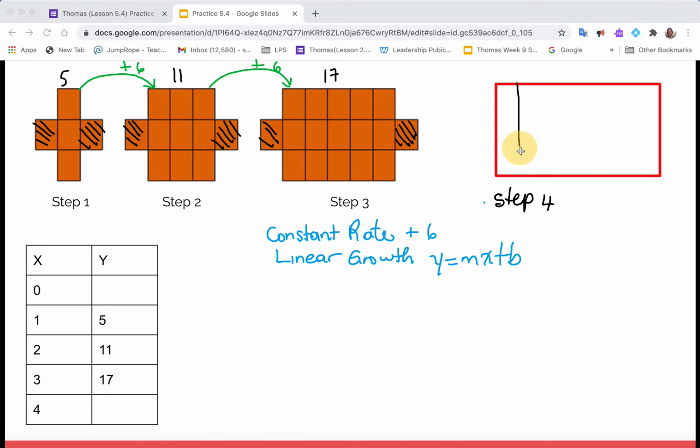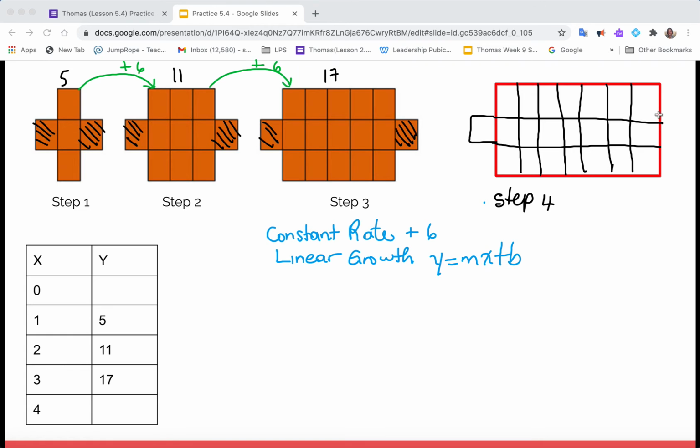It's 1, 2, so that was 5, so I need to have 7 here. 3, 4, 5, 6, and then that should be broken up into 3 rows. So I have 1 here, 2 here, and then my extra coming from the middle, extra coming from the middle.